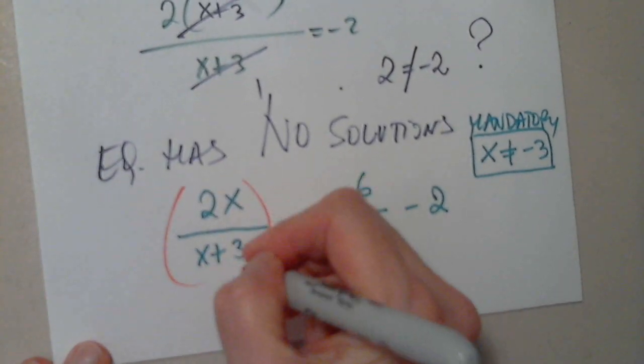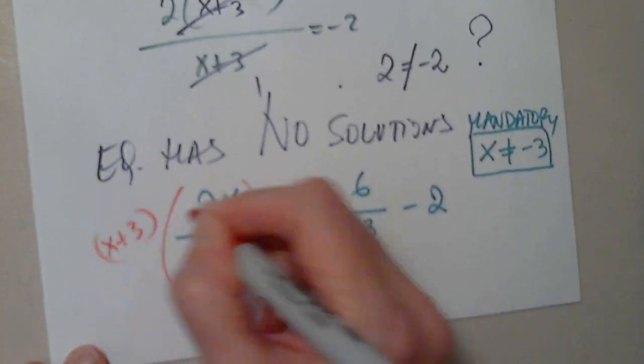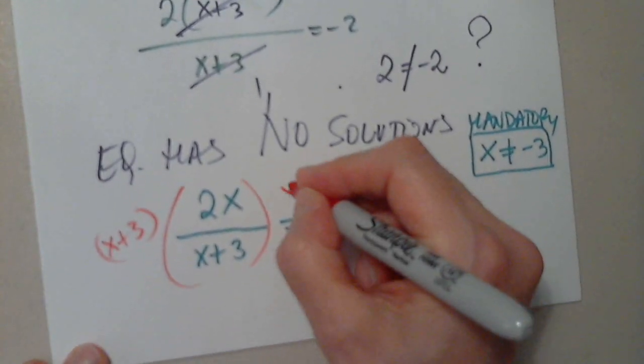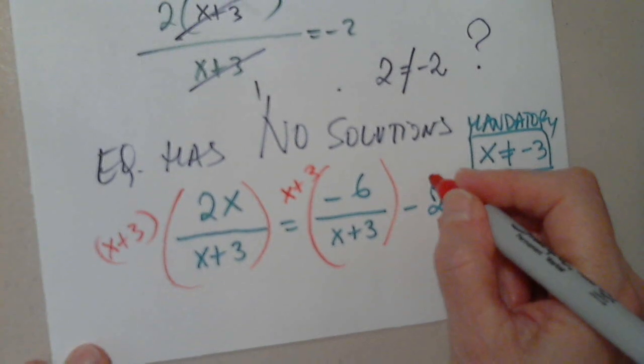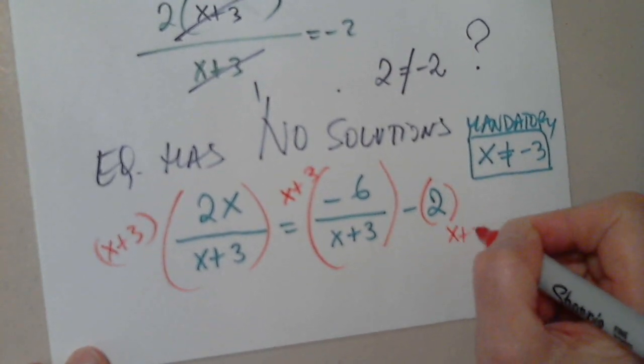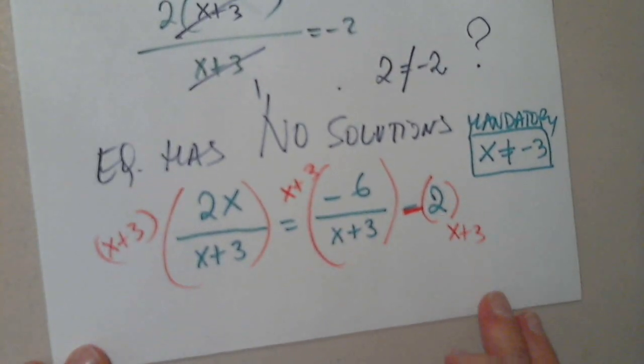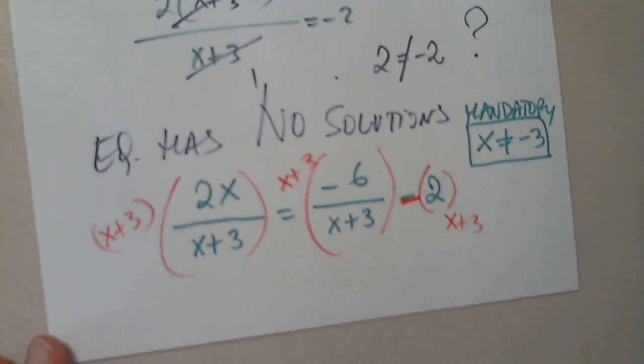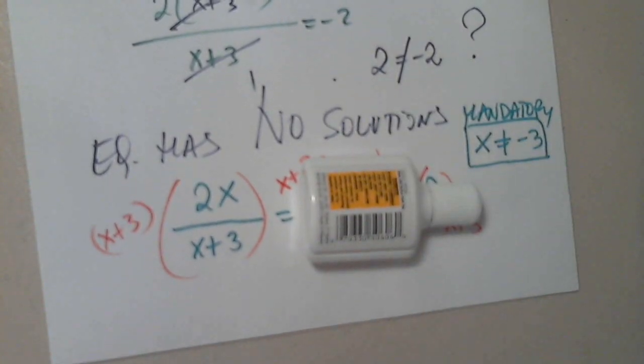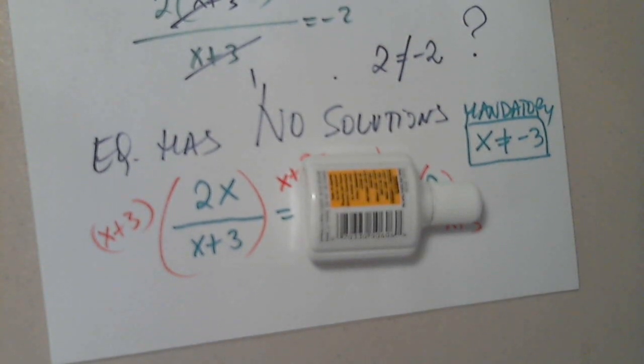So we multiply this by x plus 3. We multiply this by x plus 3. We multiply this by x plus 3 with minus in front. Good. What do we get on the left-hand side? 2x.